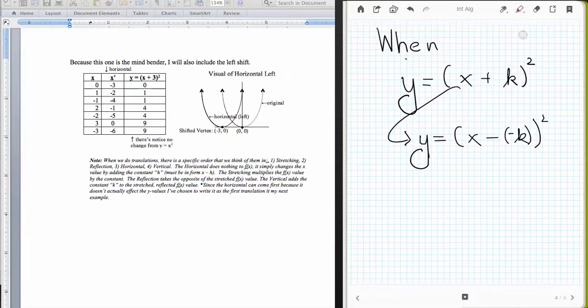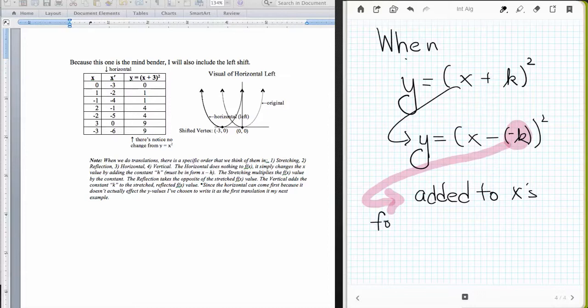And it's only when we do that that we know what value is added to or subtracted from our x. So this is what gets added to x's, for the comparable, and I'm just going to abbreviate that, comp y values.